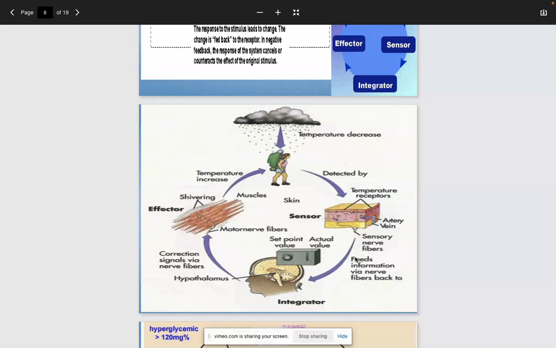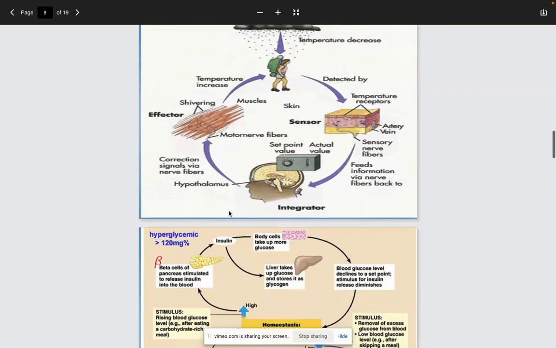And from there, we may also see something called vasoconstriction, vaso meaning blood, and constriction meaning just to clamp down. So the blood vessels will clamp down, and it does that in order to conserve heat, right? So again, you have a sensor here detecting the stimulus, and then from there, it sends it to the integrator, and from the integrator, it sends it to the effector, which is going to be the shivering of the muscles.